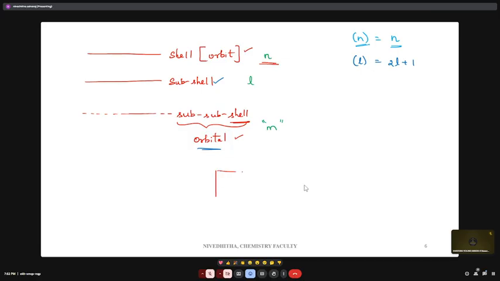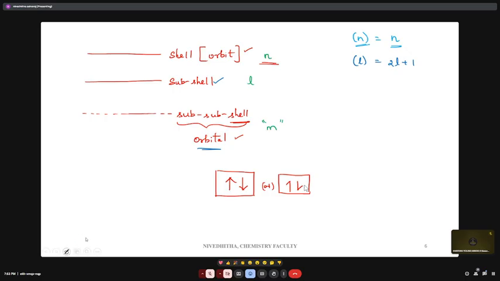And in this orbital only, electrons are present. In one orbital, how many electrons can I accommodate? Exactly, it is 2. This is my first electron and this is my second electron. Electrons are represented by arrow marks. I can have a double-headed arrow or single-headed arrow. Anything is right.